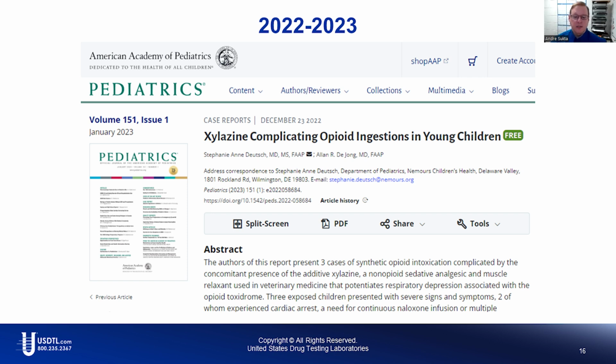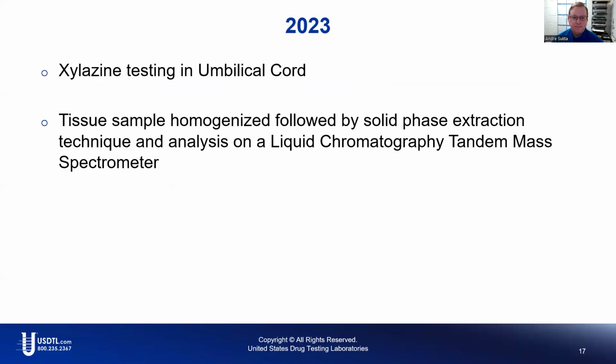And so this was the first case report of three young children that were exposed to a drug supply that contained xylazine. So these are not newborns yet. These are slightly older than newborns, but they were somehow exposed to this. And that's of concern for us because we want to make sure that on our newborn side, these babies are getting the proper treatment so they can have the best health outcomes long term.